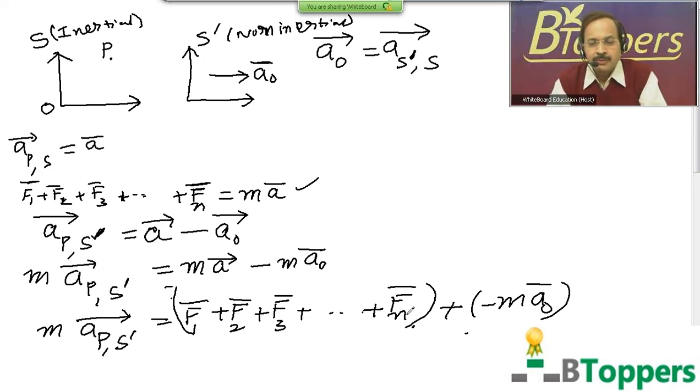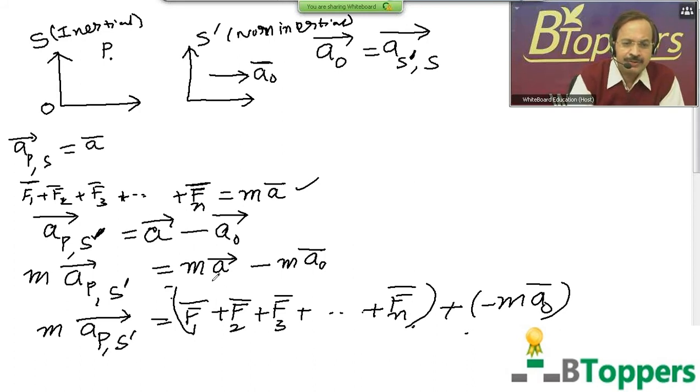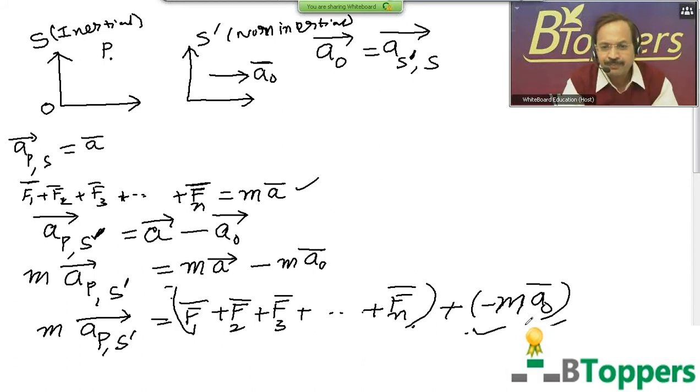But if you want to apply Newton's laws of motion with respect to an observer in the non-inertial frame of reference, in addition to all the real external forces, F1 bar plus F2 bar plus F3 bar up to Fn bar, we assume that an additional force equal to minus m a naught bar also acts on the particle. This minus m a naught bar does not represent any one of the real external forces which act on the particle with respect to inertial frame.